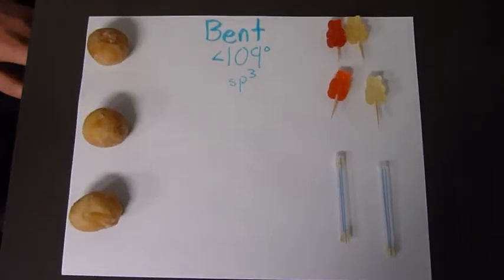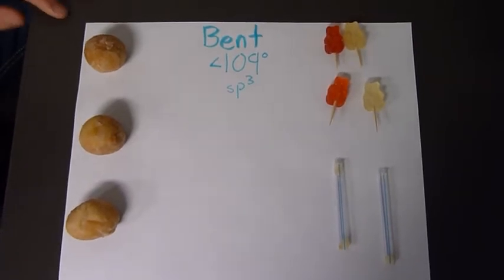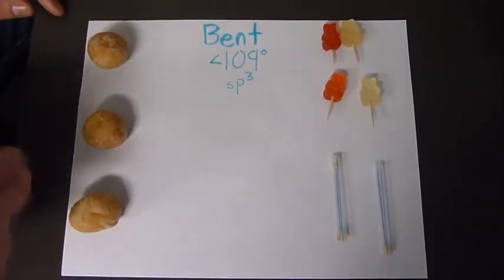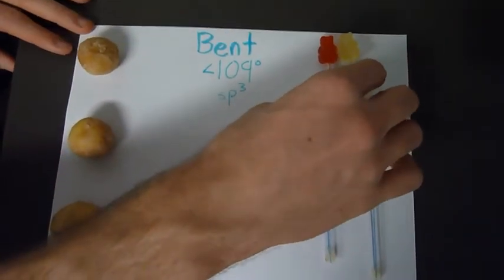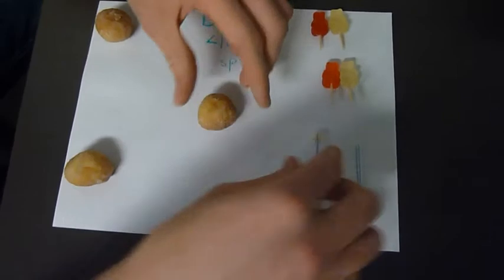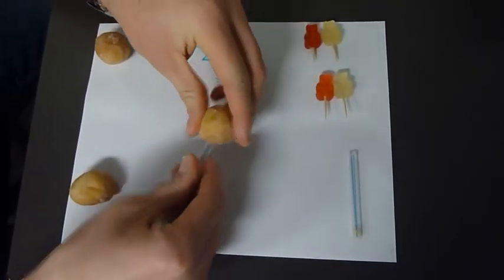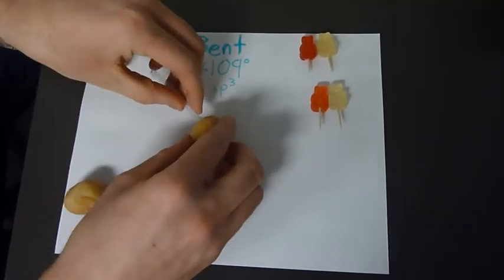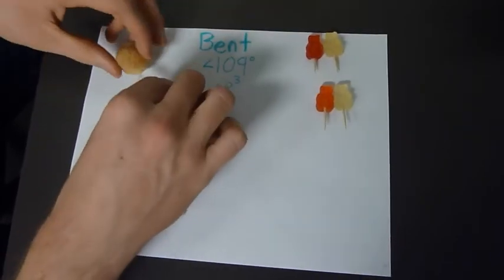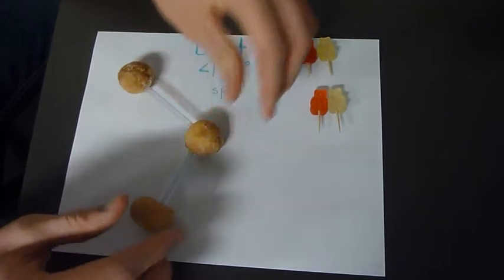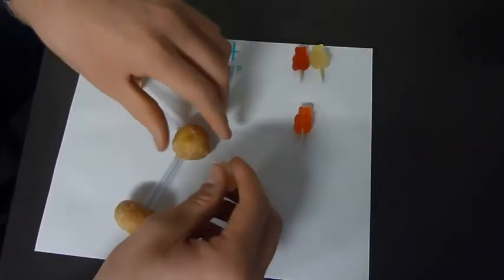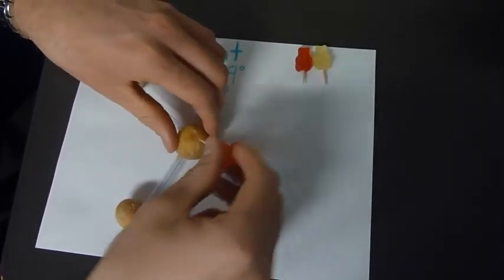This molecule shape is bent. You have 3 atoms with the central, 2 bonds, but this time you have 2 lone pairs. So on your central atom, you have 2 bonds connected to these 2 other atoms. Then you have your 2 lone pairs.